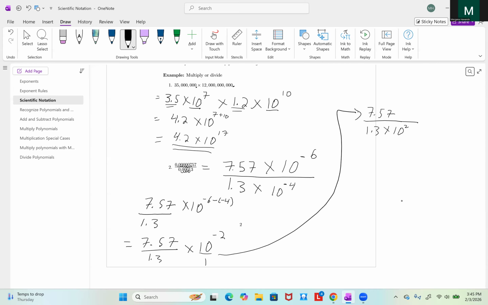Let's divide 7.57 by 1.3 using a calculator.